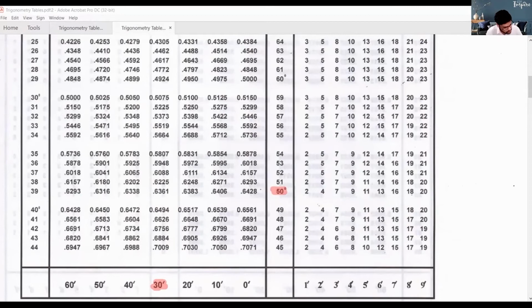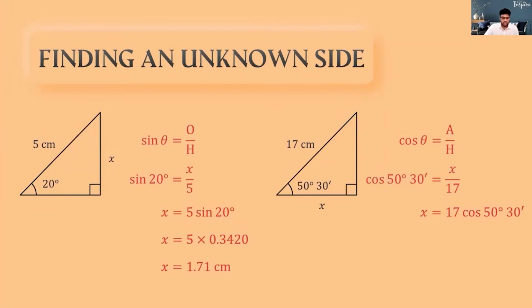So the value for cos 50 degrees and 30 minutes is 0.6361. Now if we go back to our question, we substitute the cos value with what we found, 0.6361, and multiply it by 17 to give us the answer. So the adjacent is 10.8137.